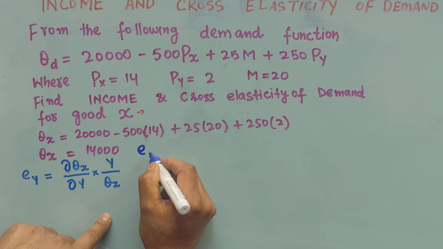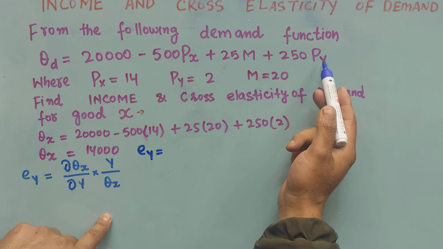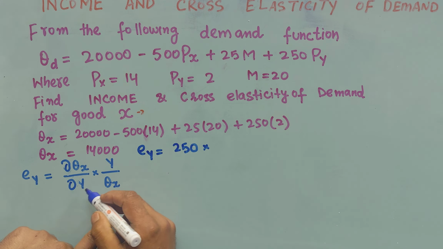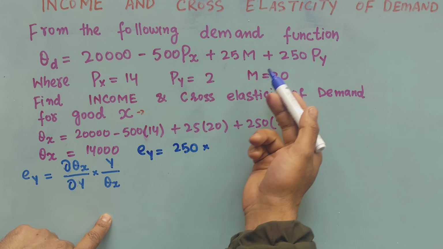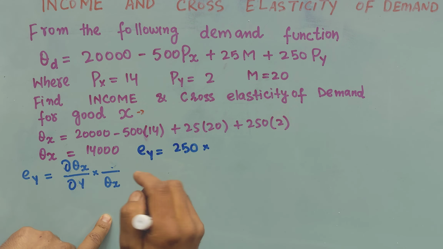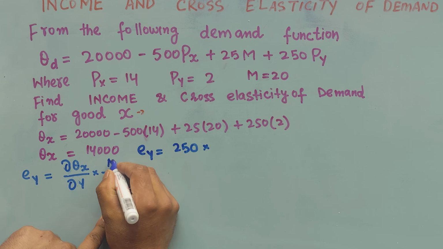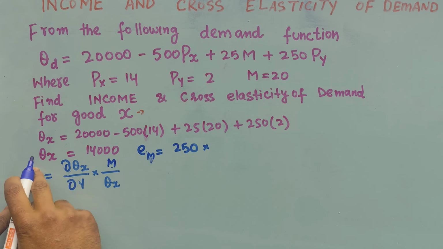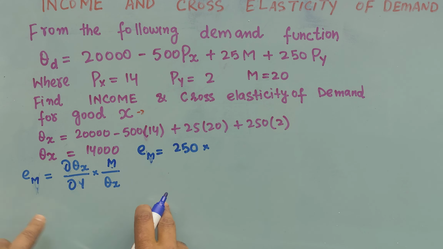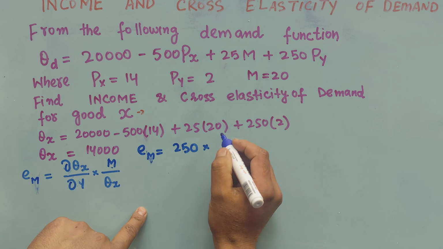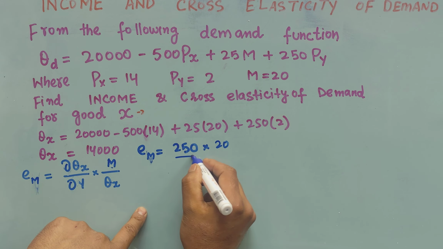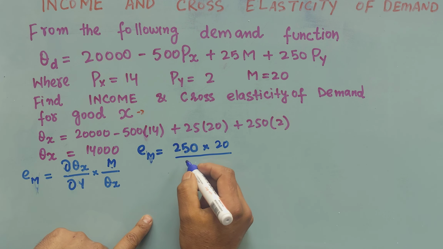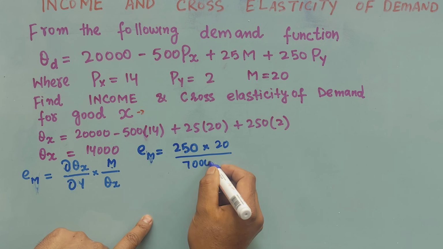So the derivative of the income term is 1, so we are left with 250 times, the initial income that is given, or let us denote it by M here. E subscript M, because we are given M as the variable for income, times M, which is 20, divided by 7,000.